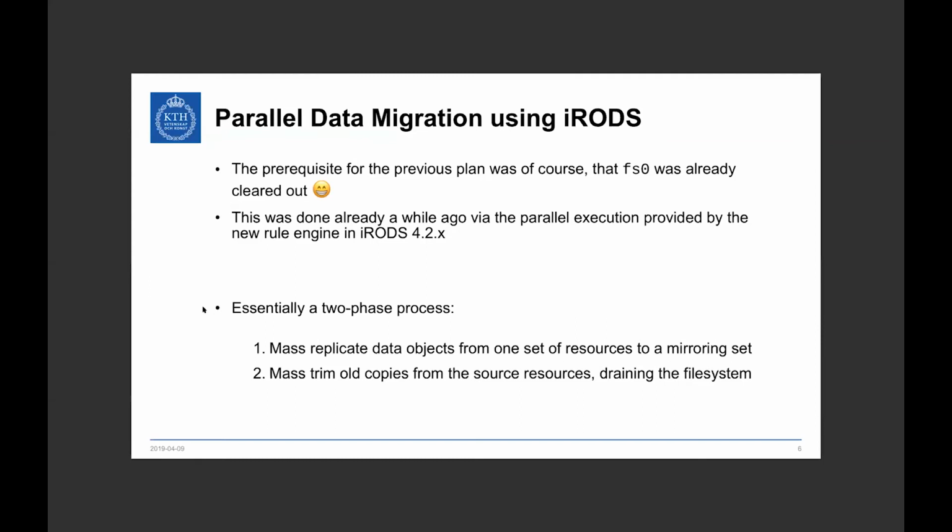We wrote these rules, the first of which basically just invokes an enormous amount of replication jobs per object from one set of resources to another. And the second one is a trimming job. So basically, after we have replicated everything, we need to trim away the old replicas from the old resources in the old file system, or that were originally in the old file system.